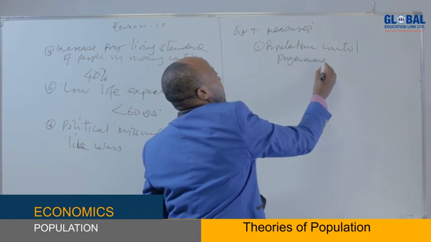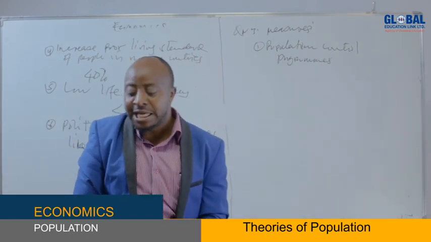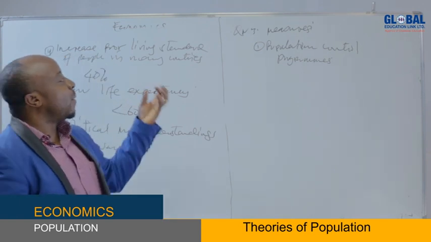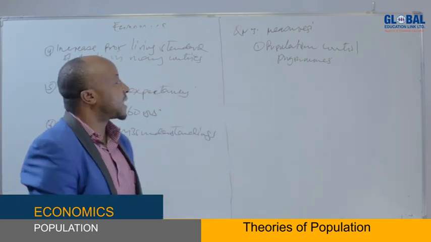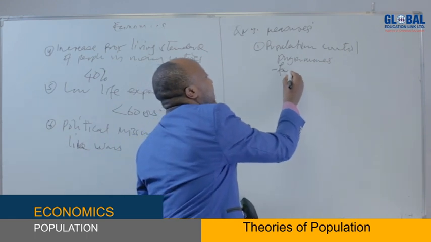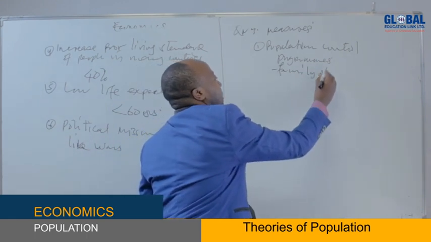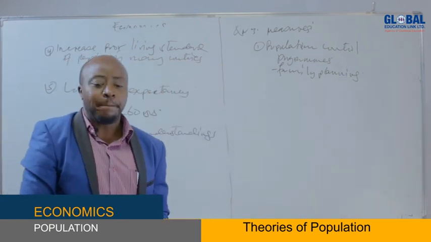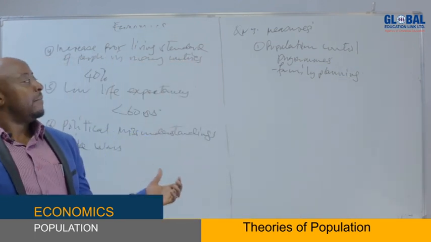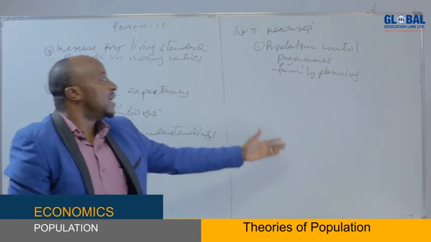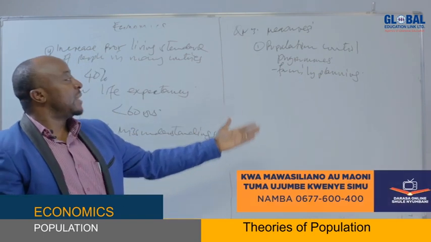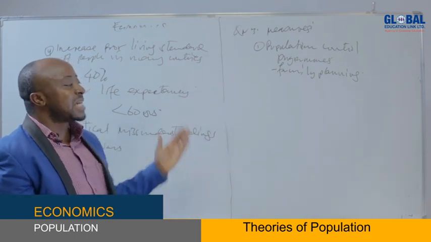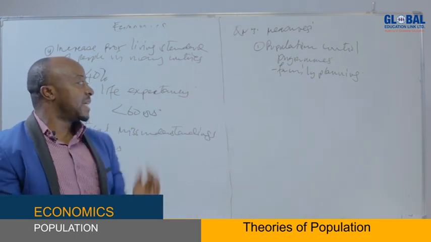That means the country should initiate different population controlling programs, for example, family planning. We should go on giving emphasis on the importance of family planning, because family planning can help us to reduce the population. So this is one of the programs or measures we can use to avoid the country from moving towards population trap.